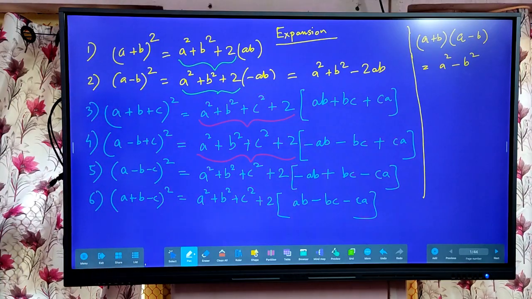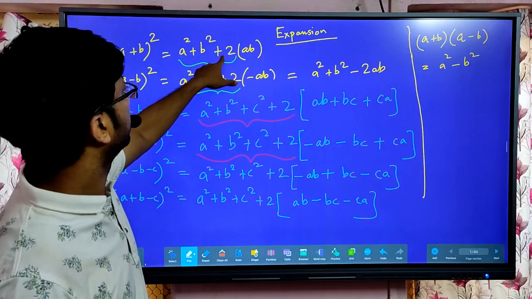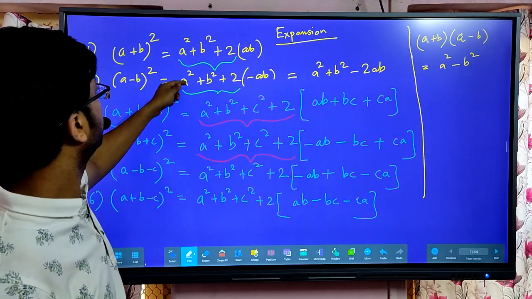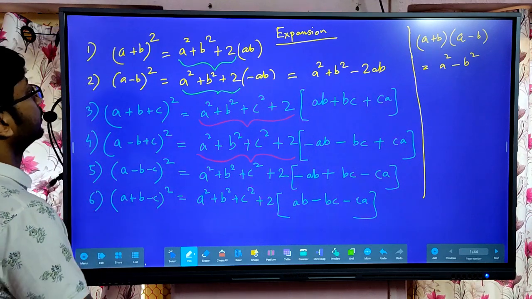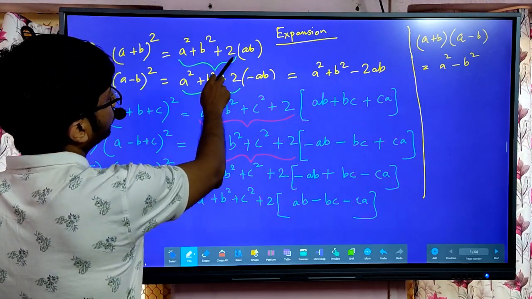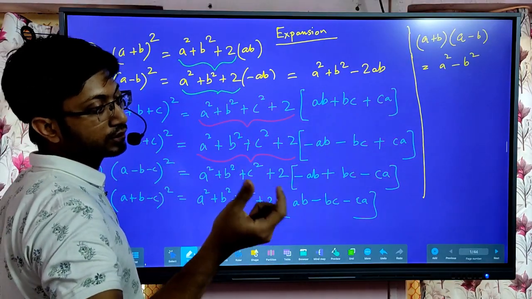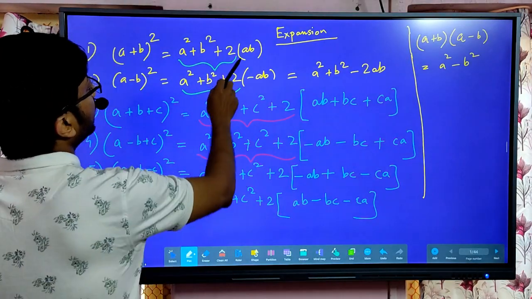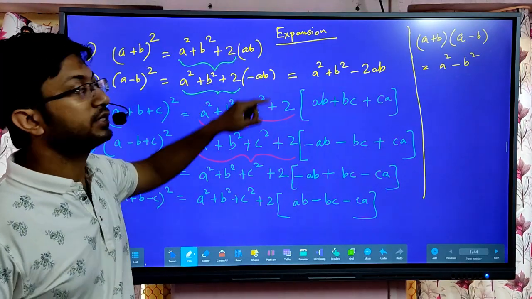Okay, then in the next case, here also you see in the first there is the sum of the squares. So see the format, it is a square plus b square plus 2. Up to this portion remains same, means sum of the squares, then comes 2, and then there is ab. Now this ab I have written inside bracket.